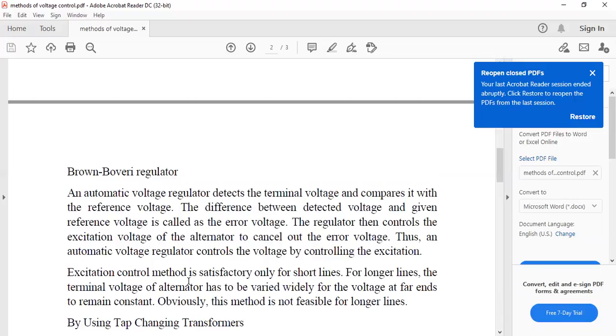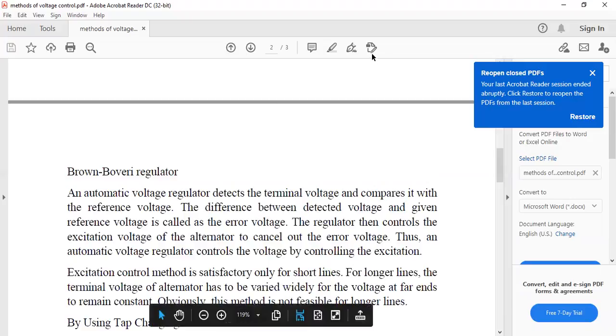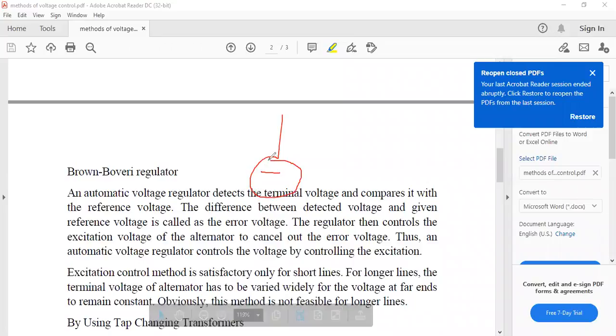Simply, it's just like a comparator. Whatever voltage appears in the power system will be sent to the controller. In the controller itself, one reference voltage is already fixed, and the controller always checks the value against the reference quantity.